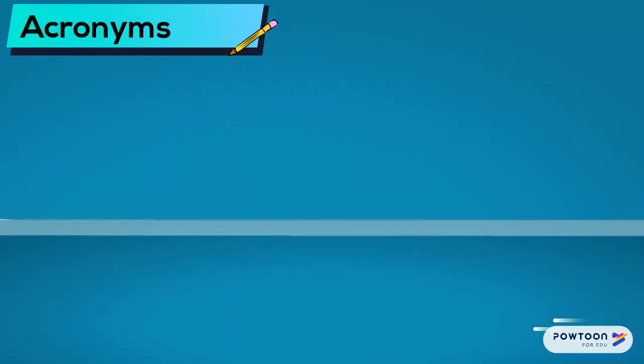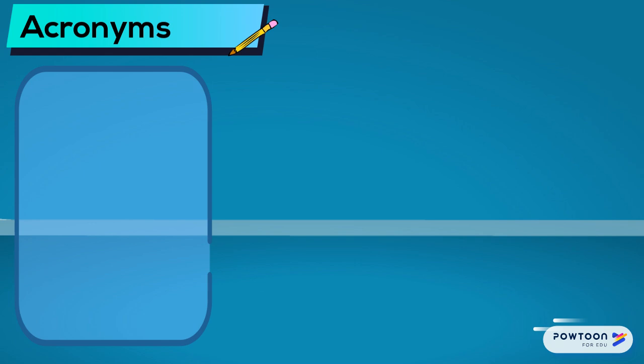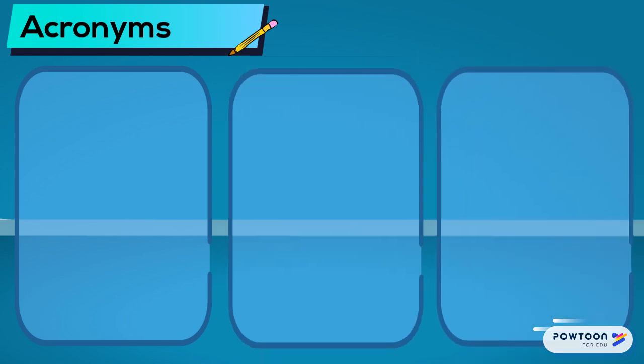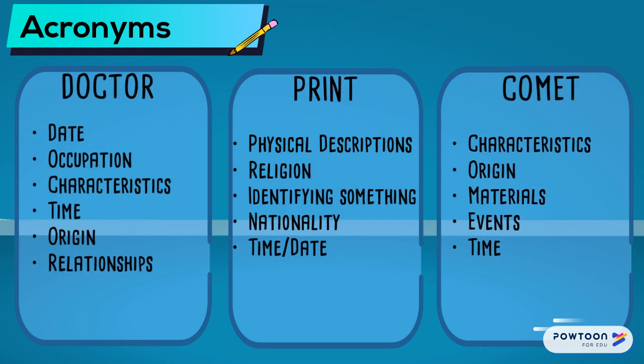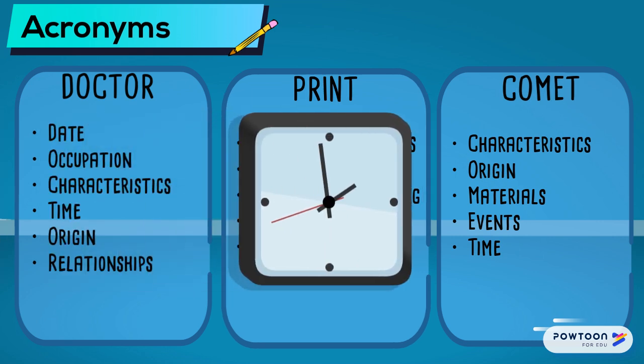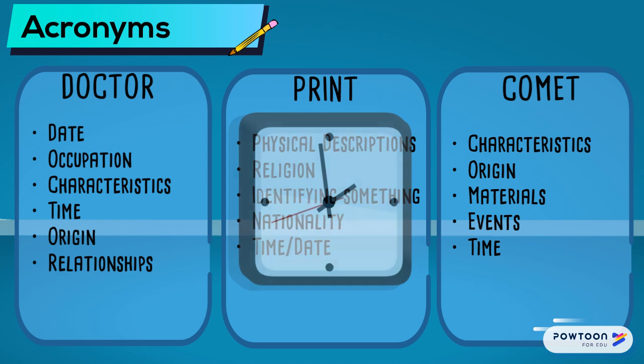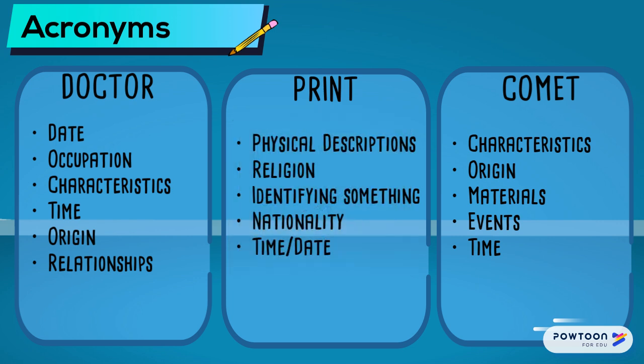Before we go into the examples, if the 12-hour rule is too vague for you, many teachers and textbooks will share acronyms to help you remember. Here are 3 for you to choose from. But as you look at them, keep in mind, most of these acronyms also follow the 12-hour rule. So we have doctor, which is date, occupation, characteristics, time, origin, and relationships.